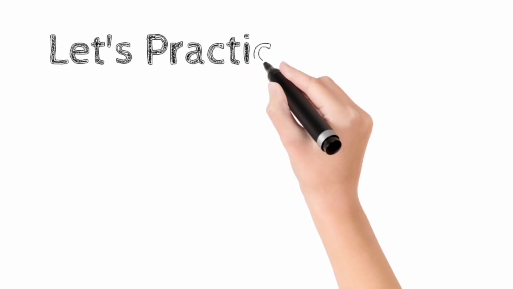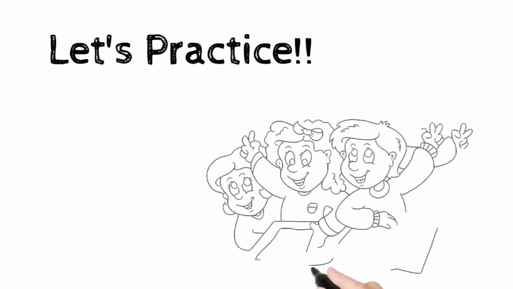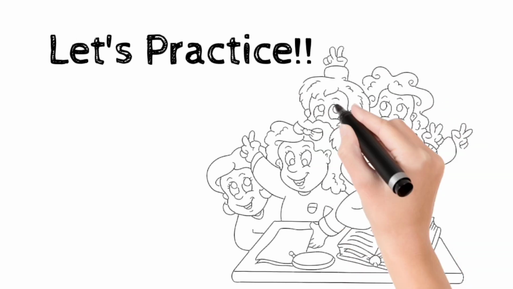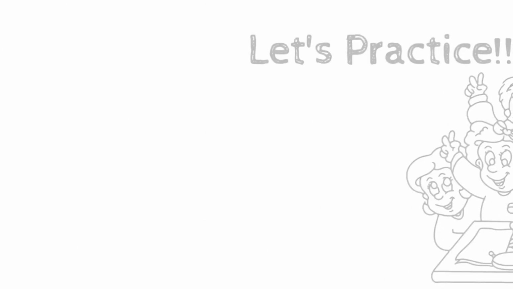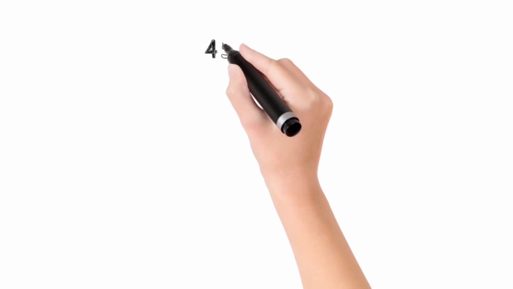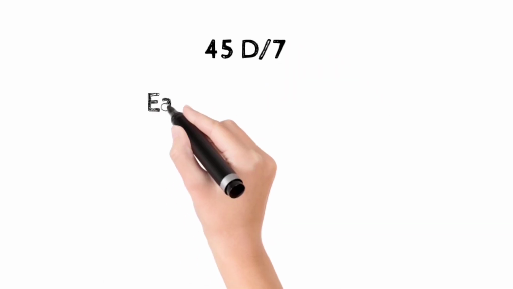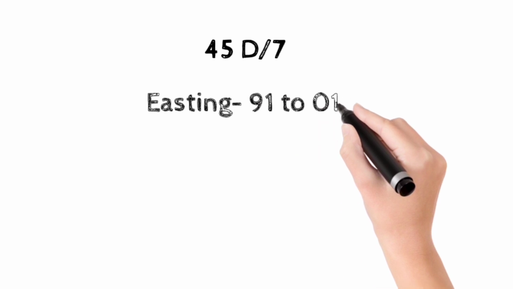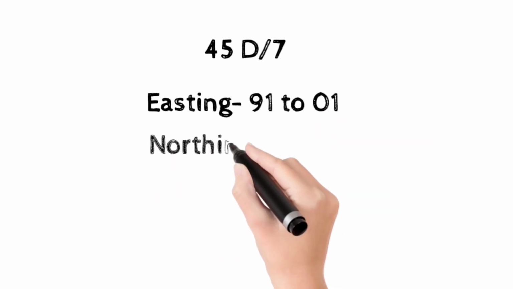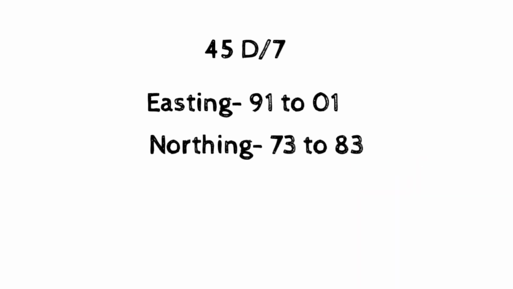Now since practice makes everyone perfect, let's do some questions so that we can understand and remember whatever we have learned. Few questions are there, and these questions are based on the topo sheet number 45D by 7, where easting is 91 to 01 and northing is 73 to 83.